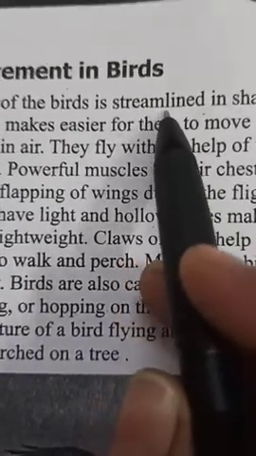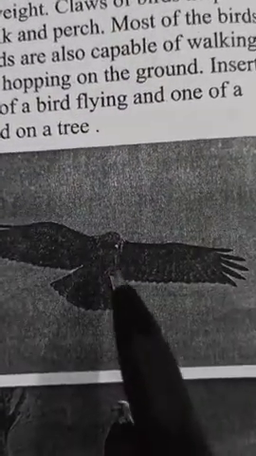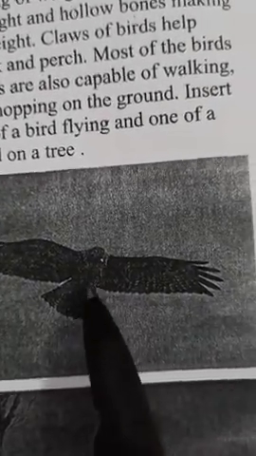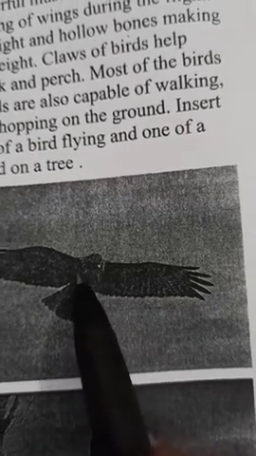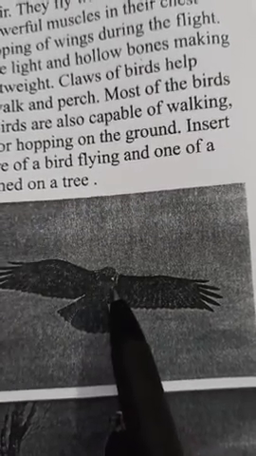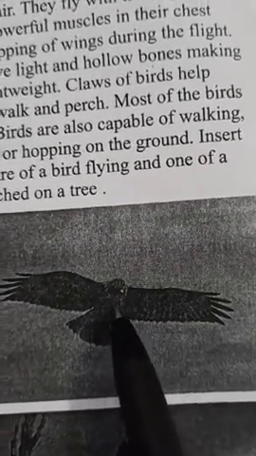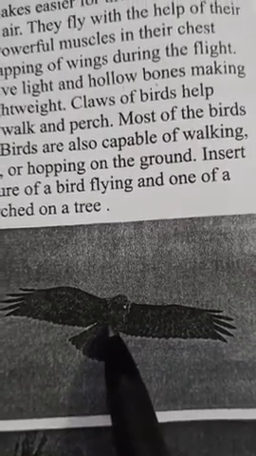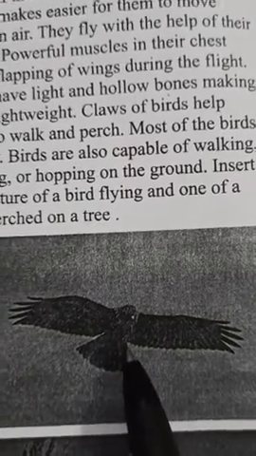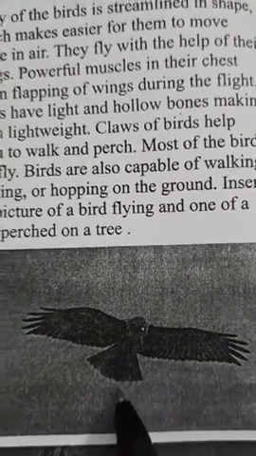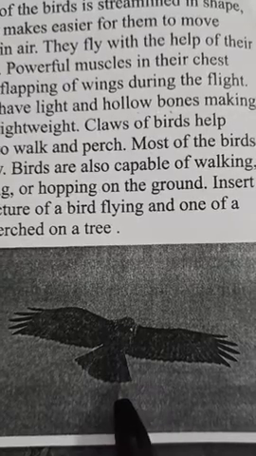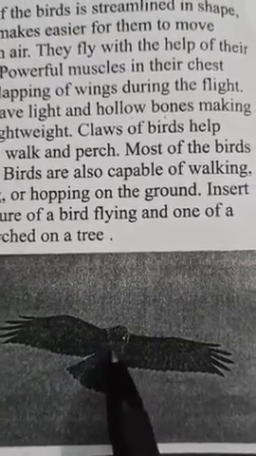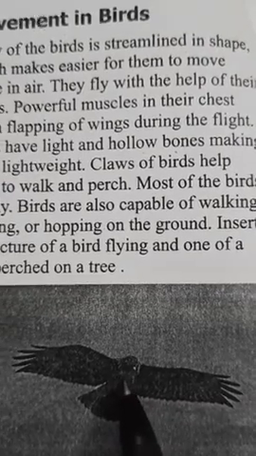So a streamlined body is a body which is thinner from the front and back but broader from the center. Okay, means we can say that a body which is thick from the middle but tapering at both ends. Means front and back are thinner but the middle portion of the body is thickened.